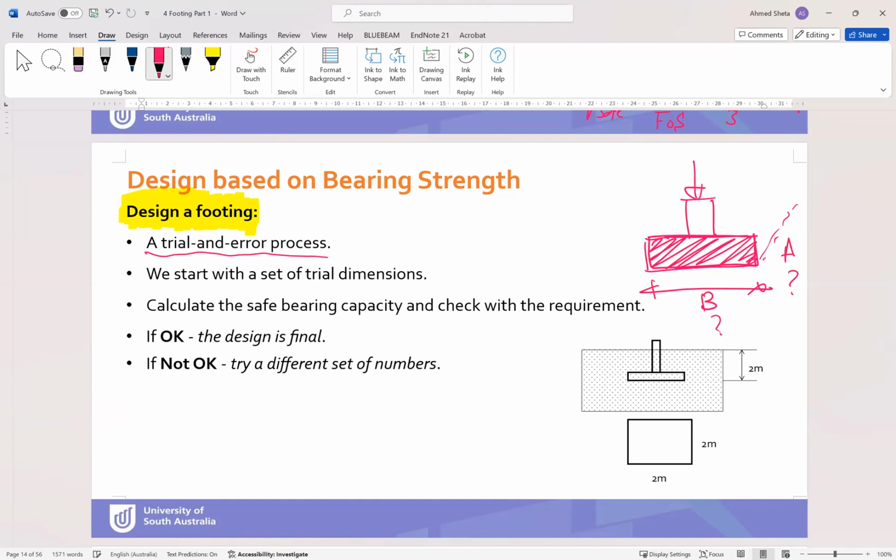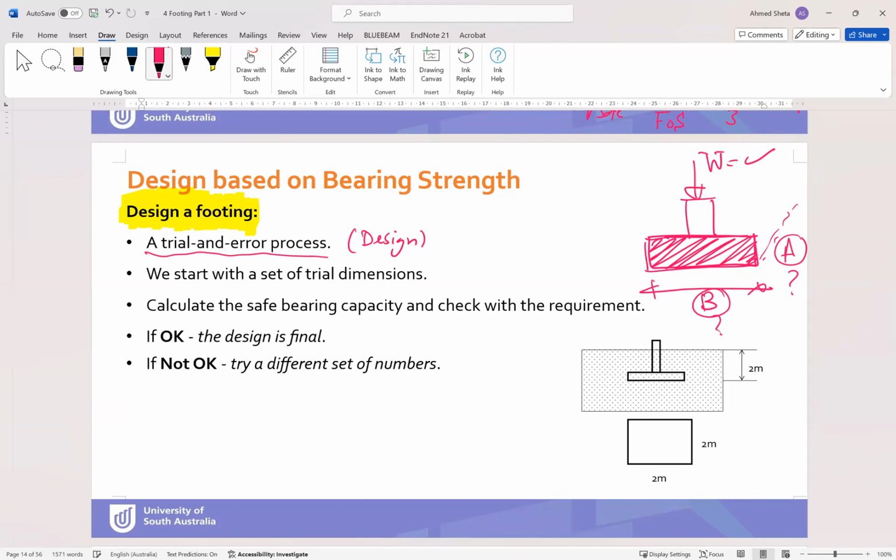So you might have the load, but you don't have the footing dimension. So that's why it's a trial and error process. Any design is a trial and error process.